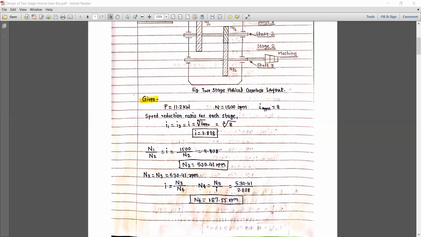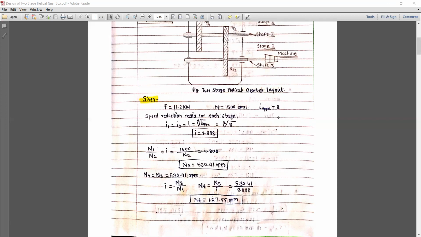So i is nothing but the square root of i approximate, that is 2.828. That much is the transmission ratio which can be used in stage number 1 as well as in stage number 2.